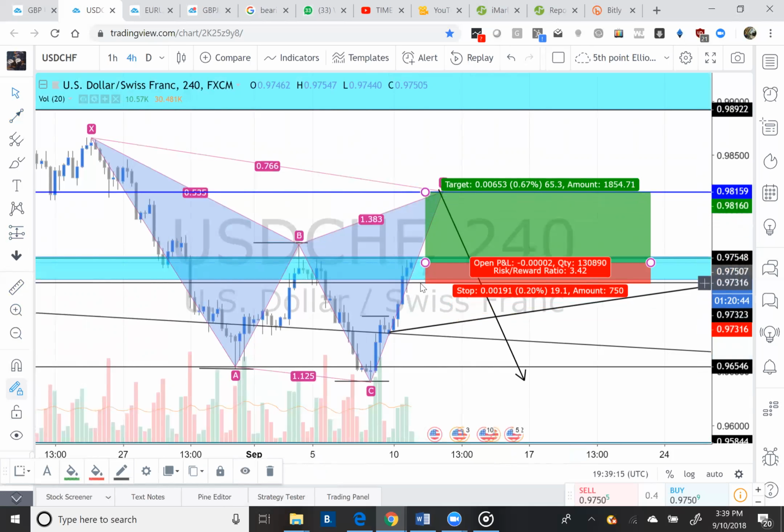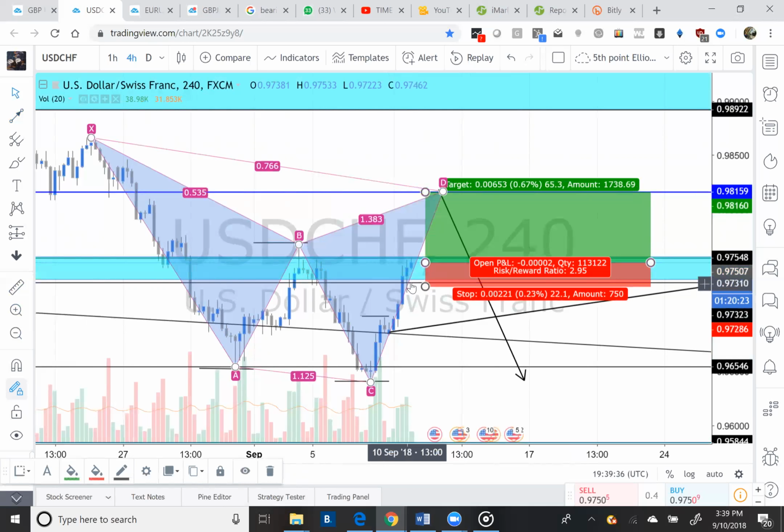If price tries to find this area of support, I want to bring it a bit lower. So I will have it just about around here.